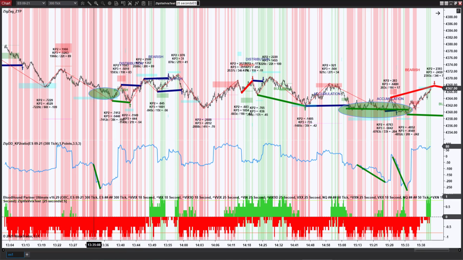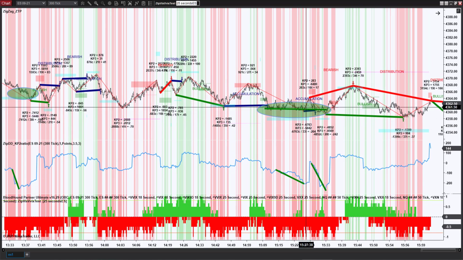Even though we have a deep red Bloodhound and VIX going for us, if there is a buyer that is buying over 11,000 contracts right here on limit orders and over 7,000 contracts here on limit orders, well, he is supporting the market, and it's just not going to go down any further. And this is how ZoneTraderPro identifies accumulation in the market from these iceberg orders, either as support or resistance.